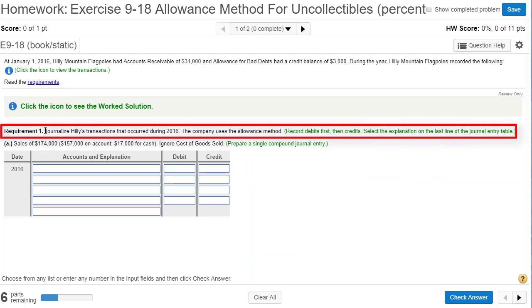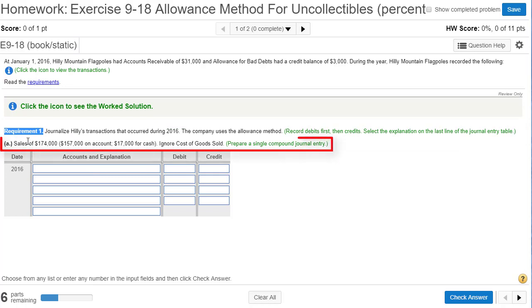We need to journalize Hilly's transactions that occurred during 2016. The company used the allowance method. So they had sales of $174,000, of which $157,000 were on account. So we got AR of $157,000. We've got cash sales of $17,000.